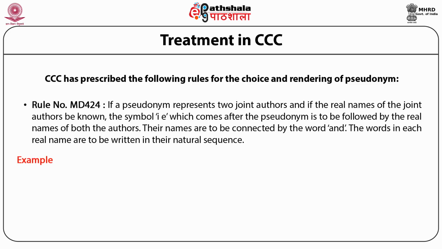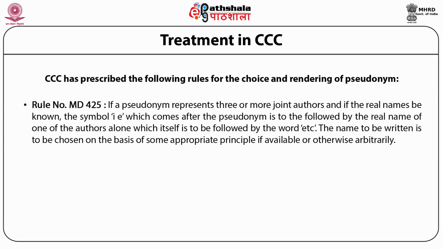Example, two brothers. It is a pseudonym kept by two different authors and they are to be rendered in the following manner. Two brothers, Sood, underline, within circular brackets, i.e. Alfred Tennyson and Charles Tennyson.